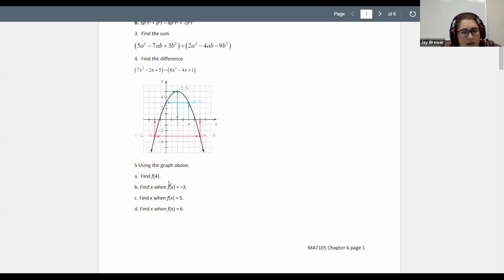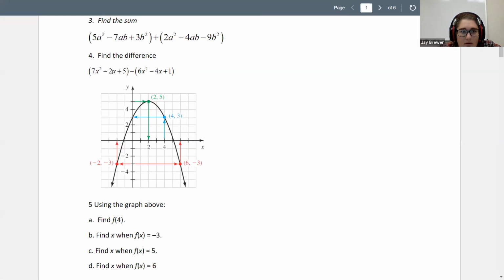If we were to find f of 4, how would we find f of 4? We'd look on the parabola where it touches where x equals 4 and where y is. So if you take a look on the screen, and I can zoom in a little bit if you need me to, if that will help some of you.